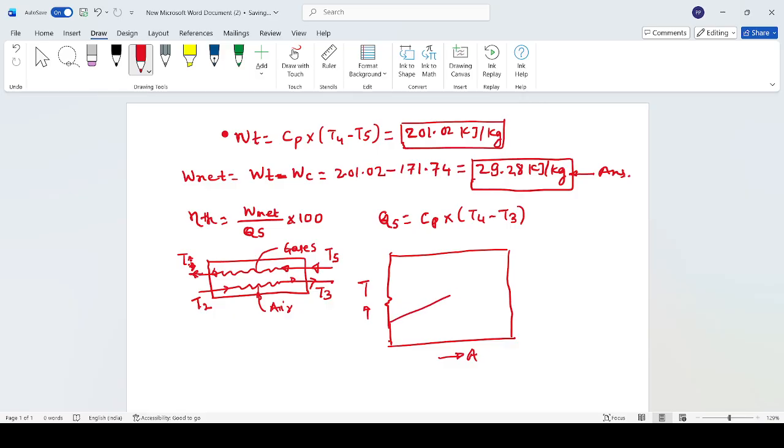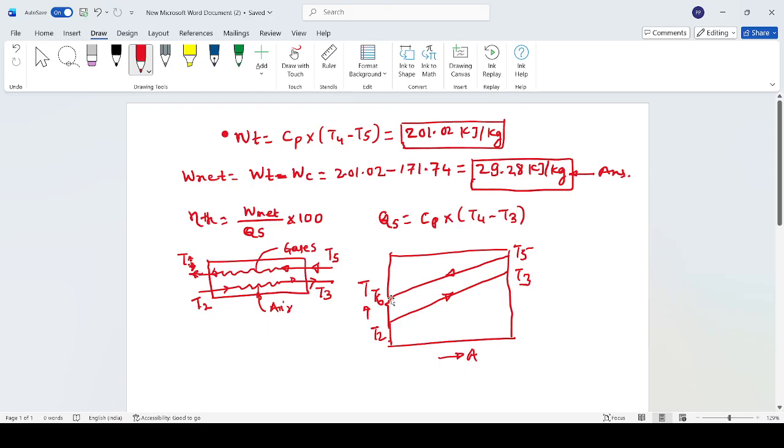The temperature of the air will increase from the initial value T2 to the temperature T3, and the gases coming from the turbine flow in the opposite direction, entering at temperature T5 and leaving at temperature T6. So we have seen this configuration for the heat exchanger unit.